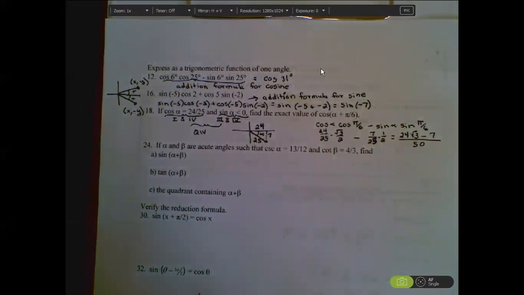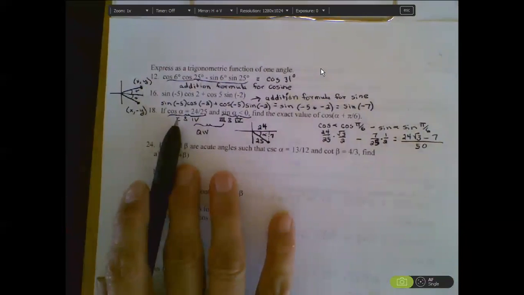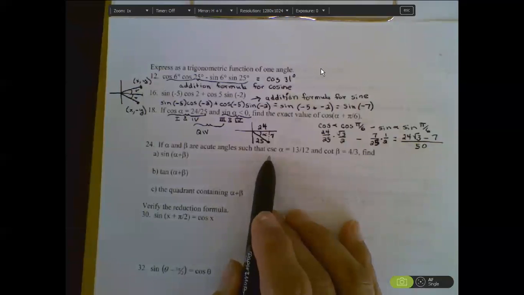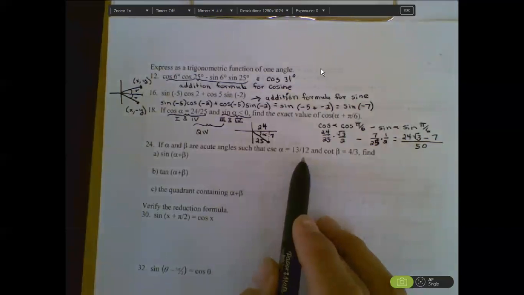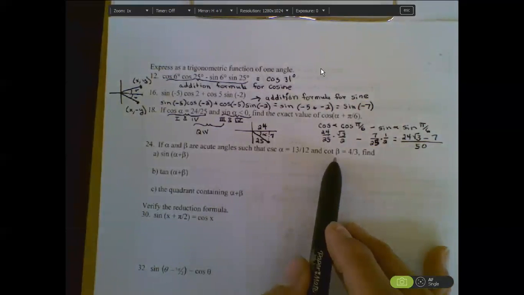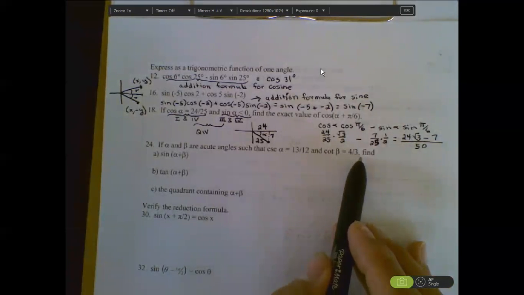All right. Well, let's go on to 24. Like number 18, I don't have any angle memorized on the unit circle whose cosecant, that's the reciprocal of sine, would give me 13/12. And I don't have any angle on the unit circle memorized whose cotangent would be 4/3.